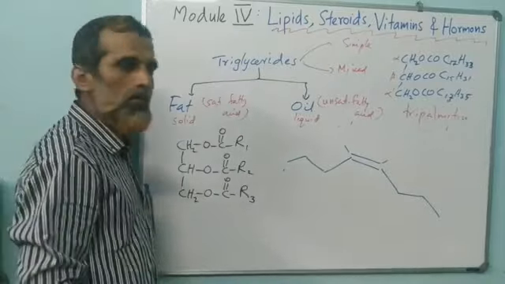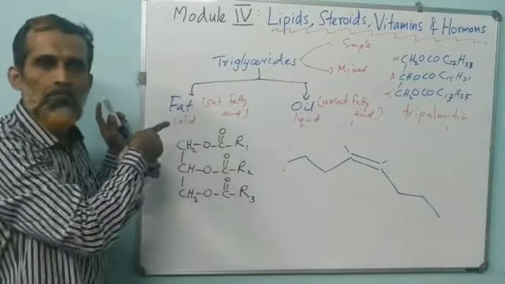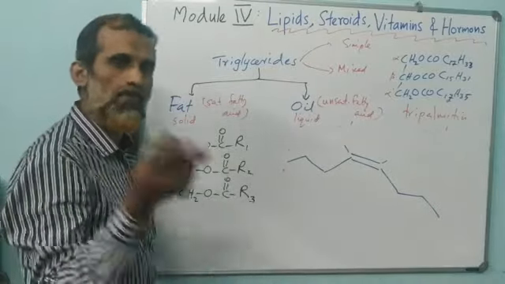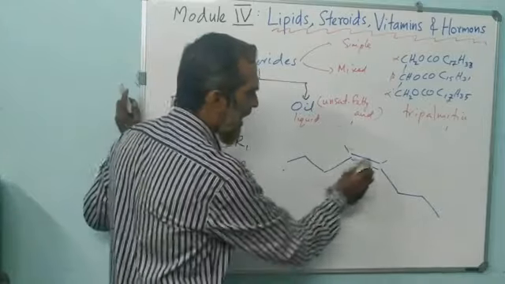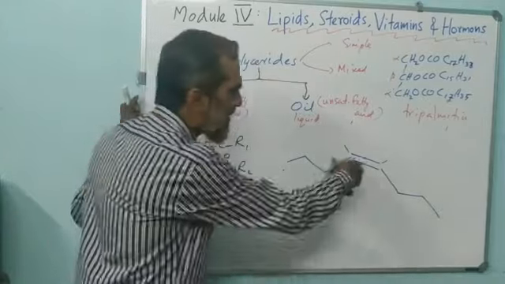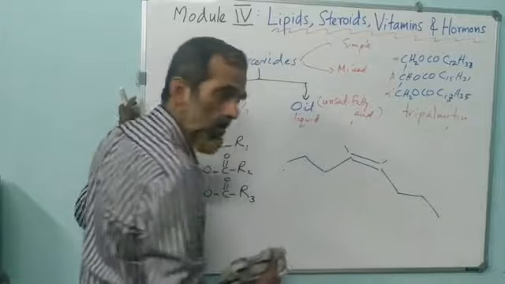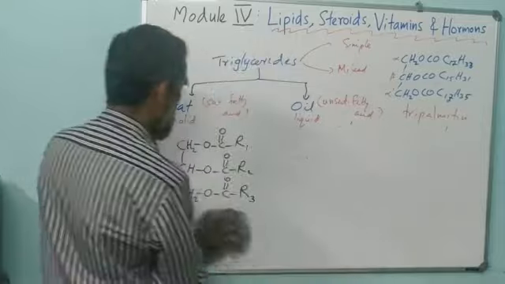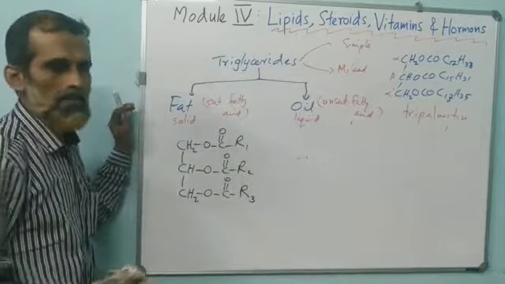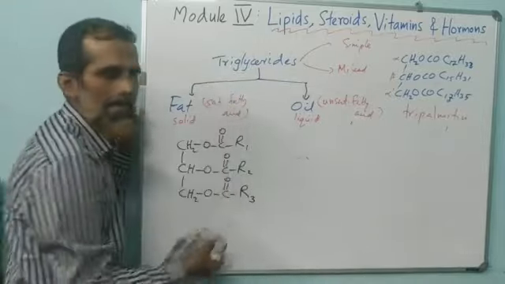Generally what we do is convert oils into solid fat by the hydrogenation reaction that we will discuss later. Hydrogenation of oils: by adding hydrogen in the presence of a catalyst, the double bonds are broken and it becomes saturated. That we'll discuss later. So that's about the classification of triglycerides into fats and oils.